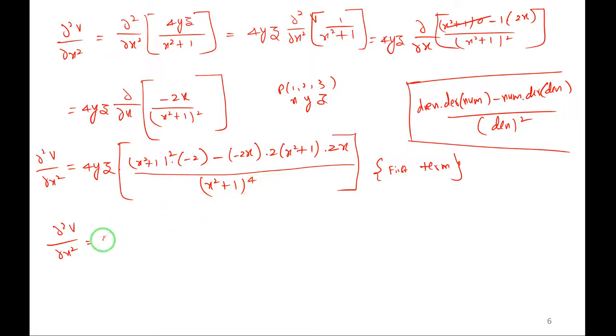Okay, before substituting, let me try to simplify. Minus 2, I'll take it here, into x square plus 1 whole square, minus into minus, this will be plus, 2 2s are 4, 4 2s are 8, 8x square. Whether this is right or wrong, please let me know it. Please don't wait till the end. I think this is correct.